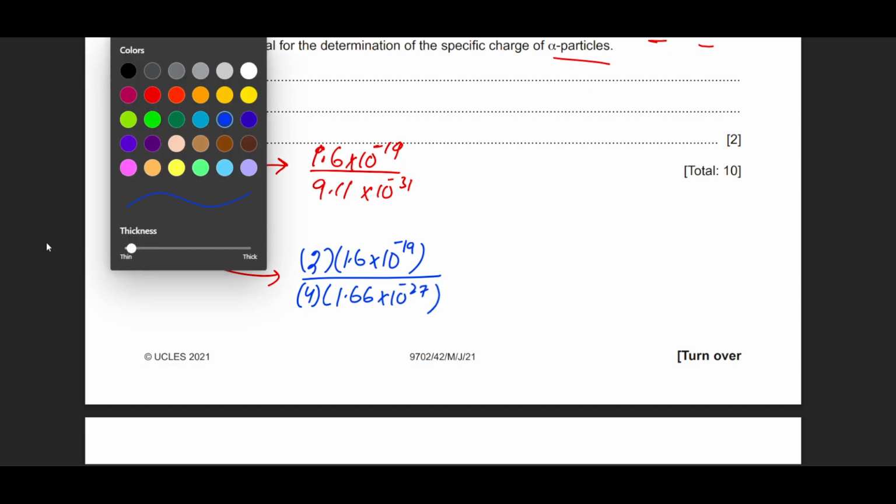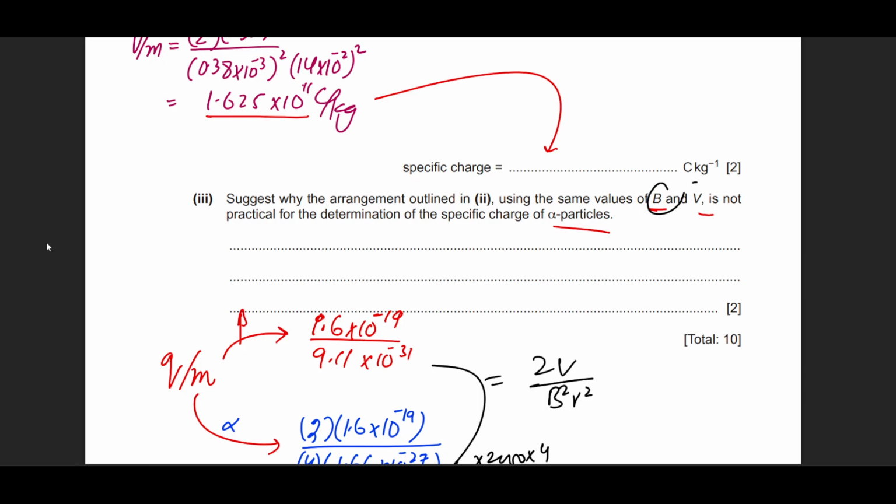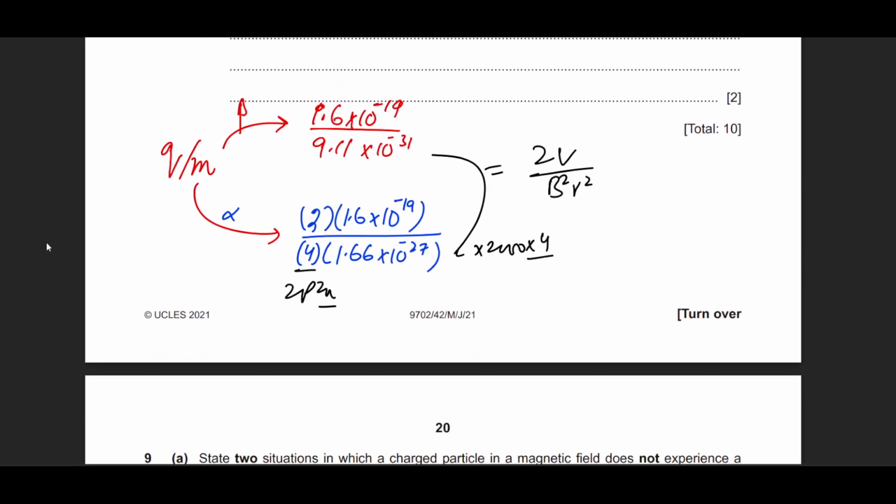Now there's a problem. For comparison, the electron is already 2,000 times lighter, so the alpha is not only 2,000 times heavier, but on top of that 4 times even heavier, because of the 2 protons and 2 neutrons. So what's happening? Since this is all equal to 2v divided by b squared r squared, he says what's the value of b and r? B and v are exactly the same.